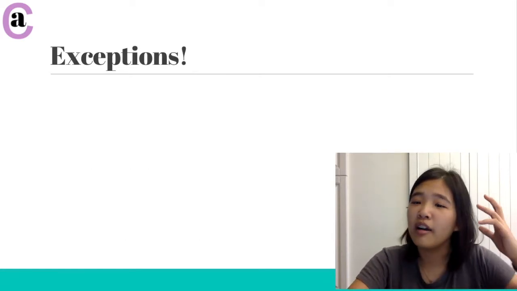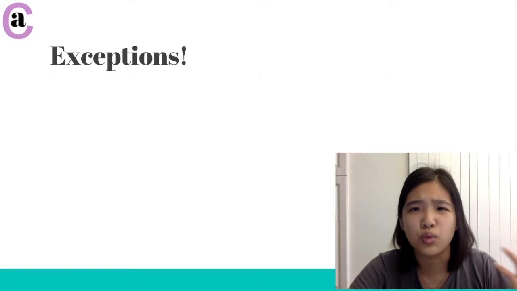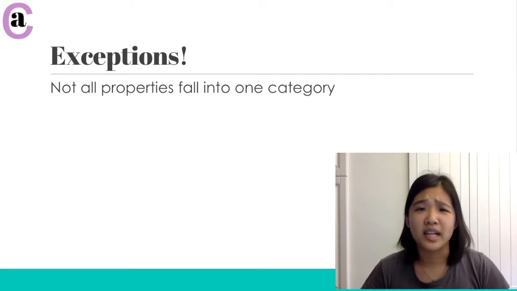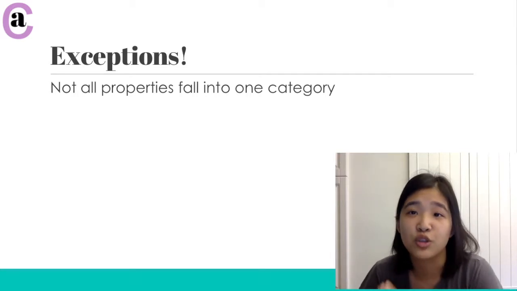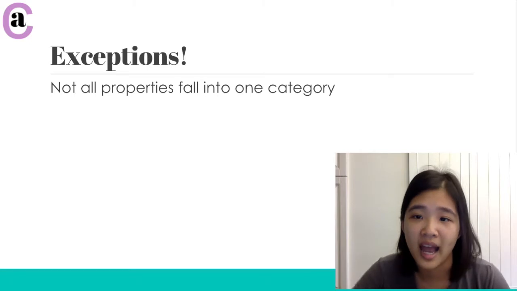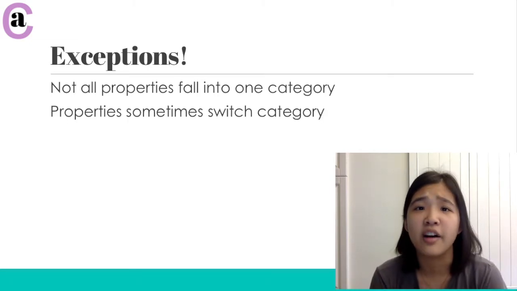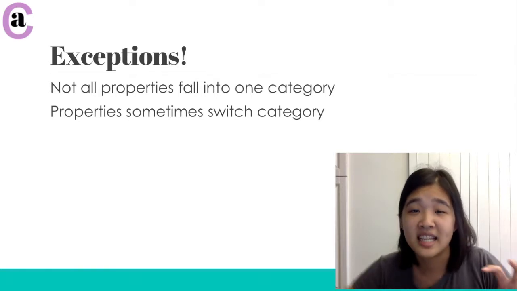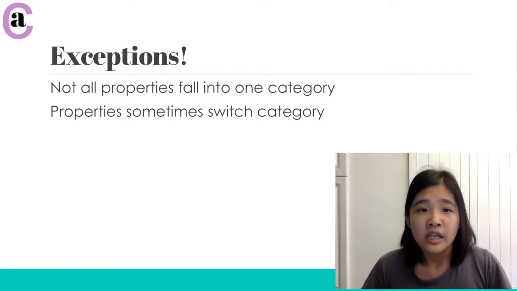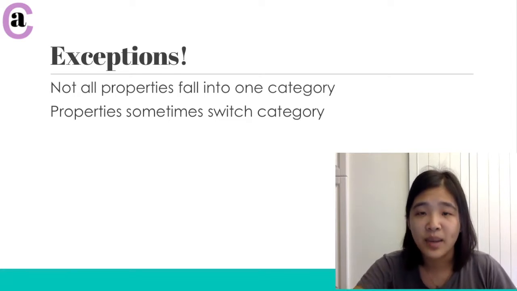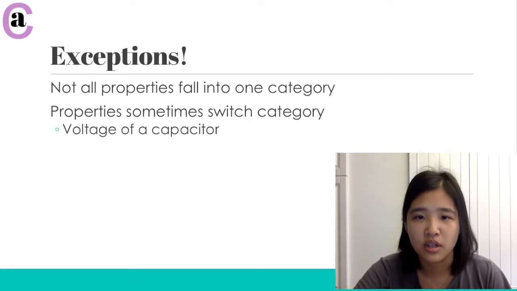All right, so there are a few exceptions to these rules, and these basically happen when not all properties fit fairly or squarely into one or the other category. And this is one of the major criticisms of the categorization of intensive and extensive properties. Properties sometimes switch category depending on other situations.